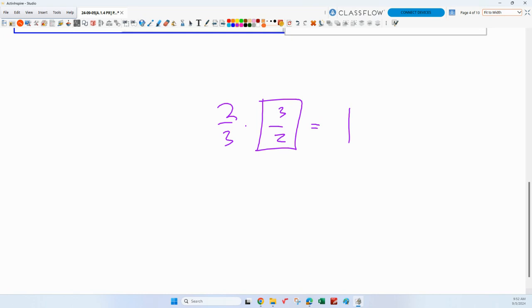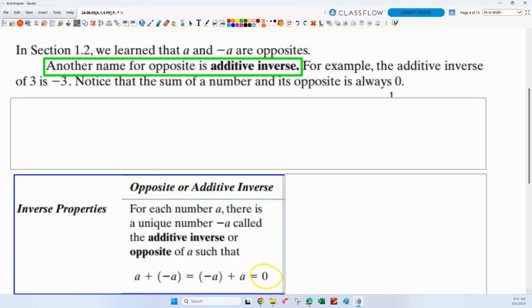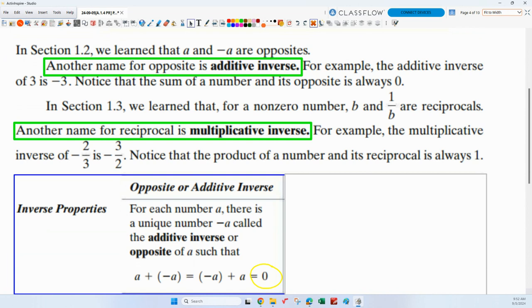Good. Okay. So look at this. Now we've got another name for the multiplicative inverse: the reciprocal. Why is it the multiplicative inverse? Because remember what the inverse's job is. It's what we're going to either add or multiply the original number by to get the identity number as the answer, right?